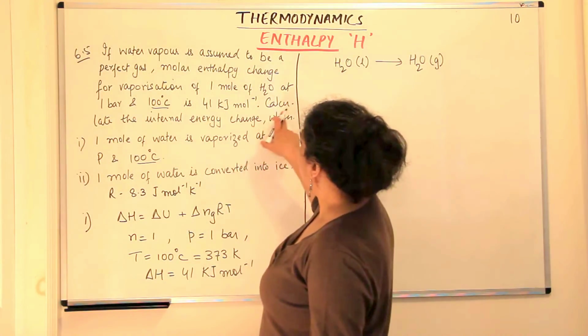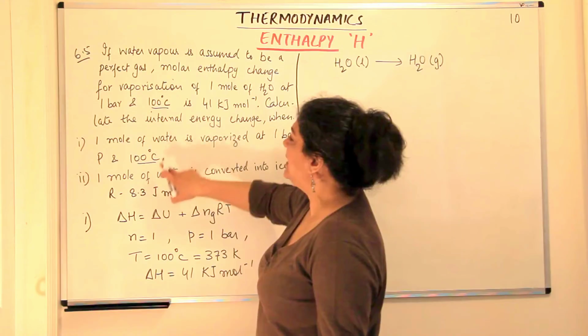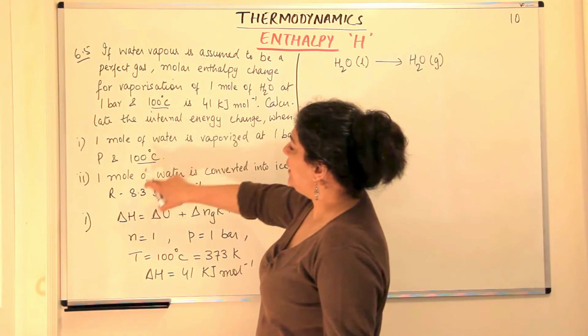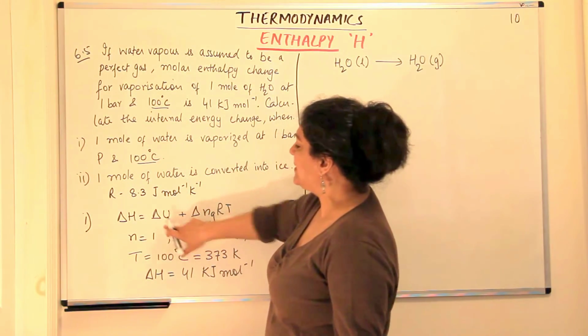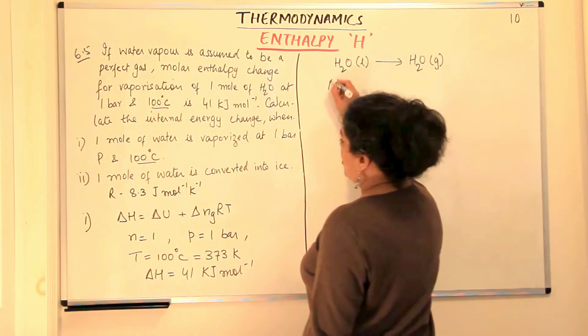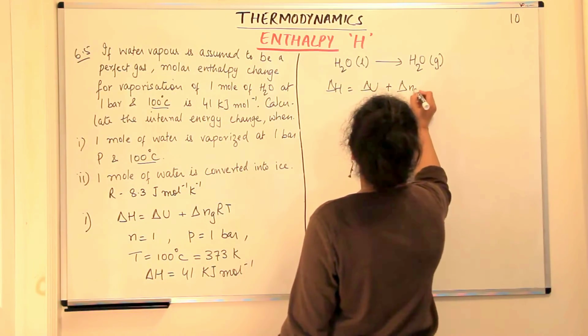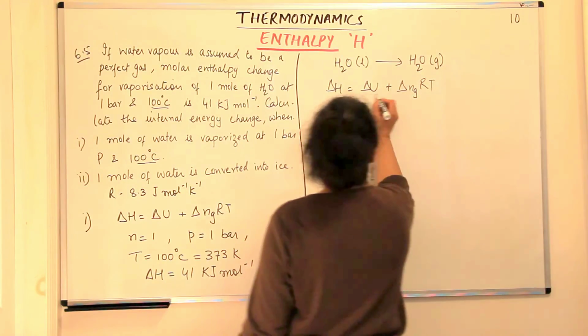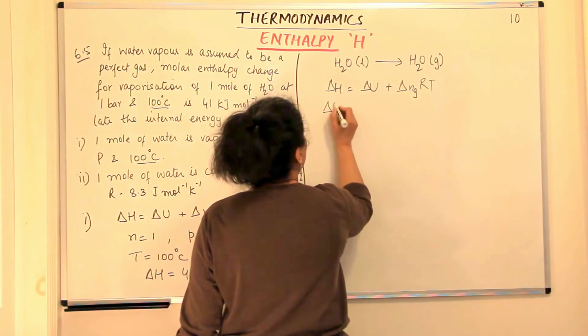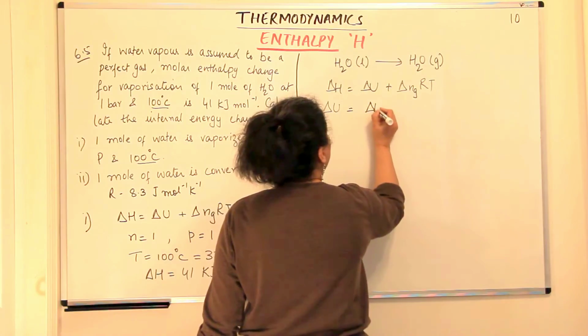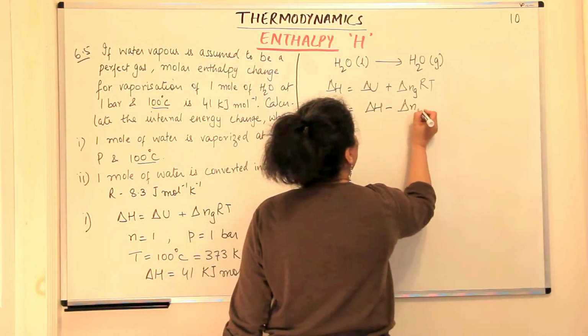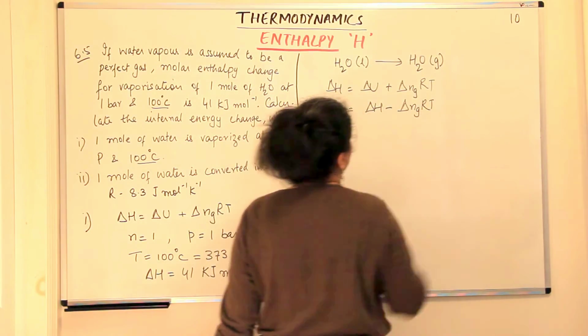We have to calculate the internal energy change, so we have to calculate delta U. Delta H is equal to delta U plus delta Ng RT. Rearrange this. We are looking for delta U. So delta U would be equal to delta H minus delta Ng RT.